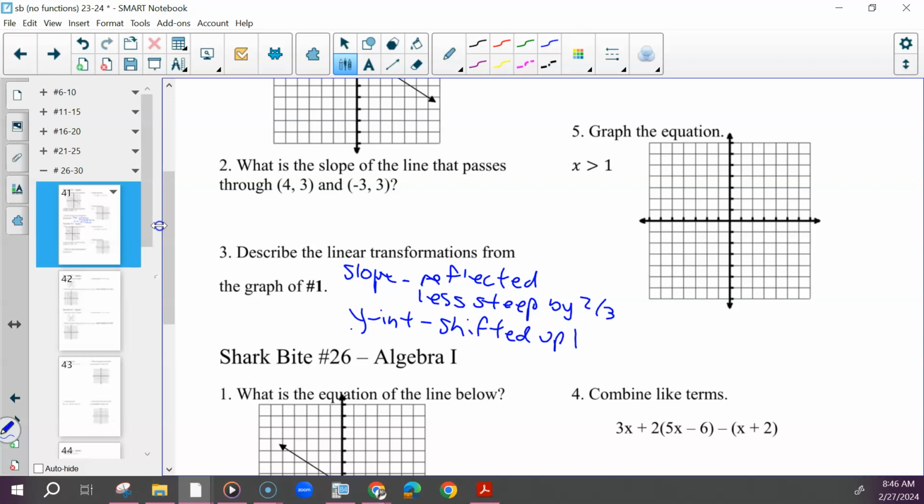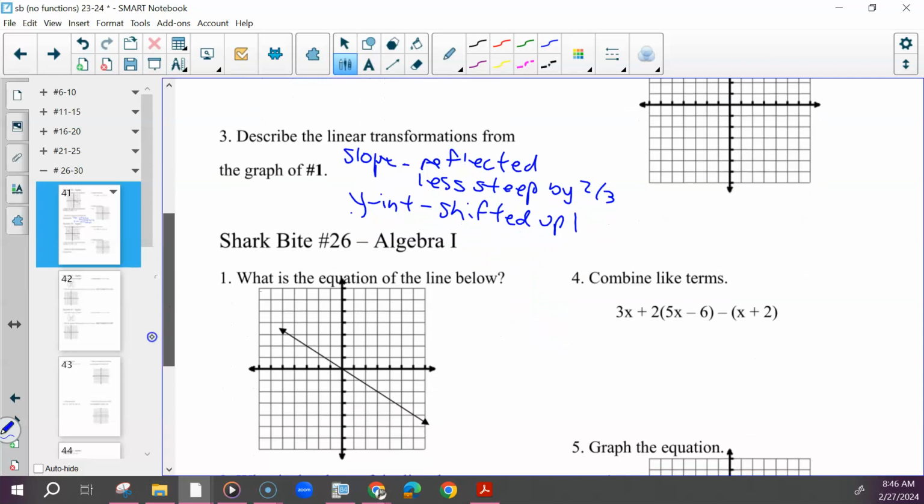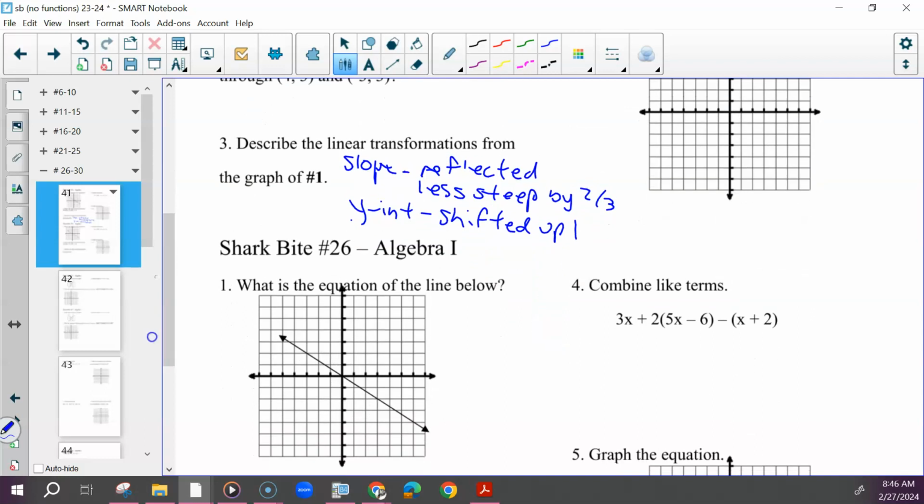If your graph looks like that. If your graph starts at the origin, the slope is the same, but your y-intercept stays the same. And I just realized I skipped 2, but we'll go back to that. So good, that one just write y-intercept.